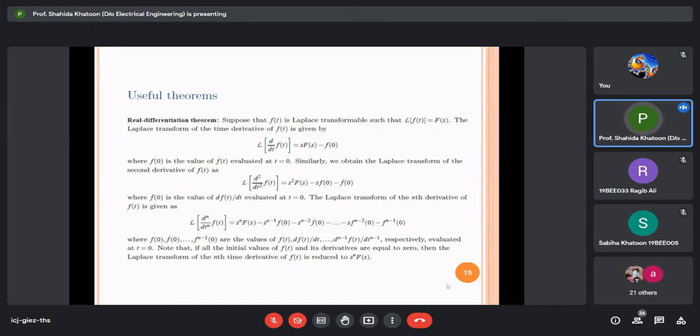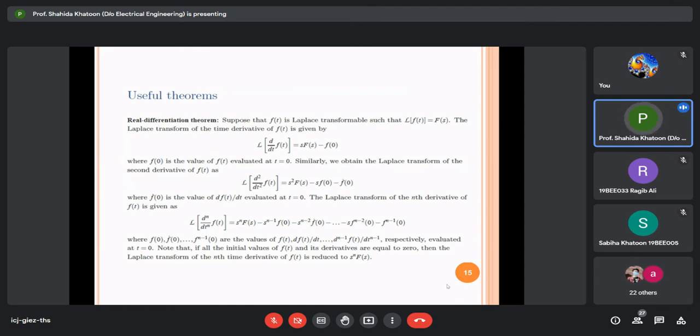So if you go on doing this, the Laplace transform of the nth derivative of f(t), d^n by dt^n of f(t), is given by s^n F(s) minus s^(n-1) f(0) minus s^(n-2) f dot 0, up to s f^(n-2)(0) minus f^(n-1)(0), where f(0), f dot 0, up to f^(n-1)(0) are the values of f(t), d by dt of f(t), up to d^(n-1) by dt^(n-1) of f(t) respectively, evaluated at t equal to 0.